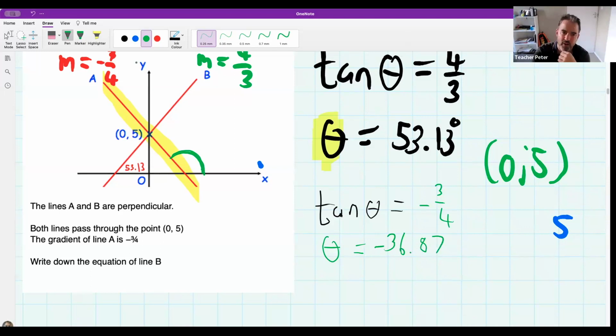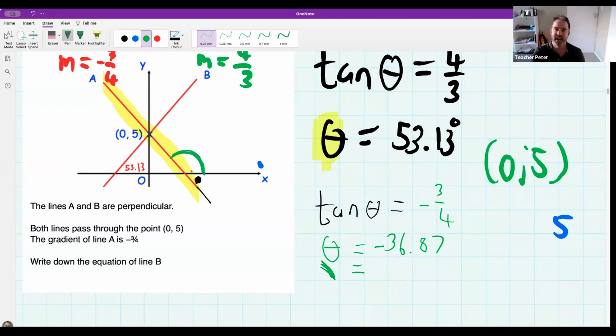Yes. Now, the problem is your calculator is not giving you the green one. It's giving you one over here. So what do I need to do to get my lovely angle of inclination, the green one over here? I've got the black one. How do I get the green one over here?